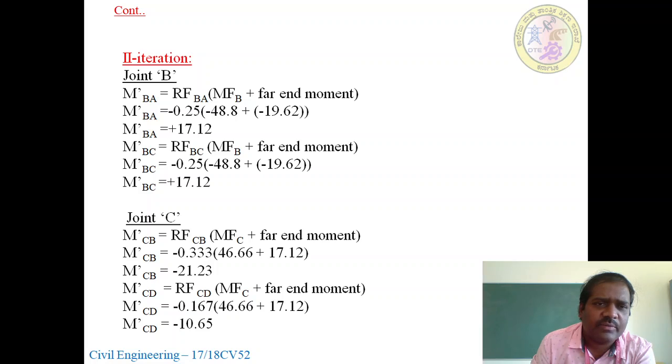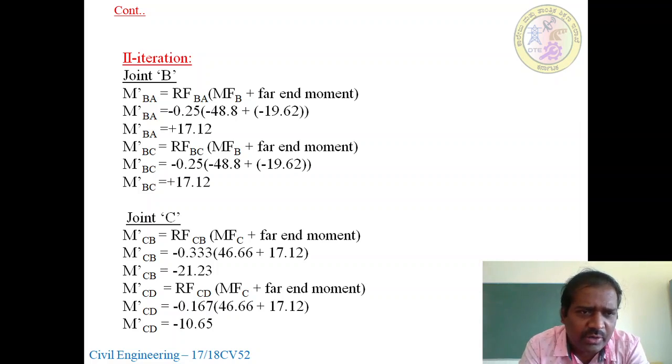The rotational factor of BC, MFB plus far end moment, minus 0.25 into minus 48.8, again with the far end moment 19.6. The M dash BC will be 17.12. See here, M dash BC 17.12 is the far end for joint C.